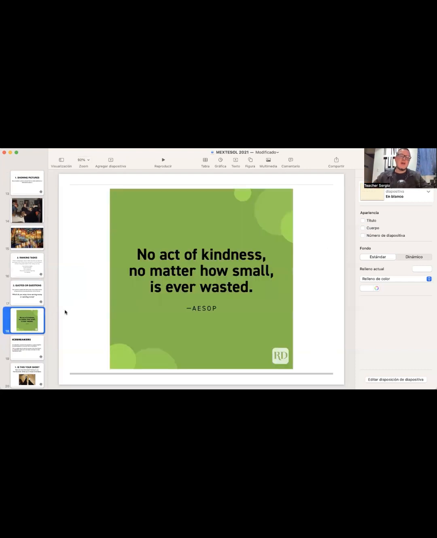Now, another way to do this can be maybe working with some quotes. For example, no act of kindness, no matter how small, is ever wasted. What do you think about this phrase, about this expression, my friend Patty? What do you think it means?